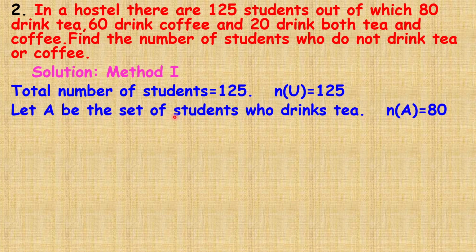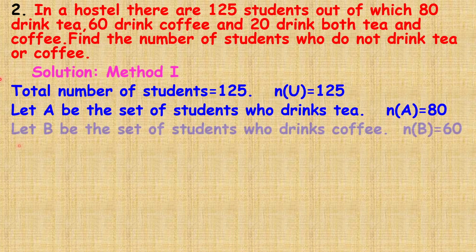Let A be the set of students who drink tea. Here in the example, 80 students drink tea. Therefore, the number of elements in set A is equal to 80.